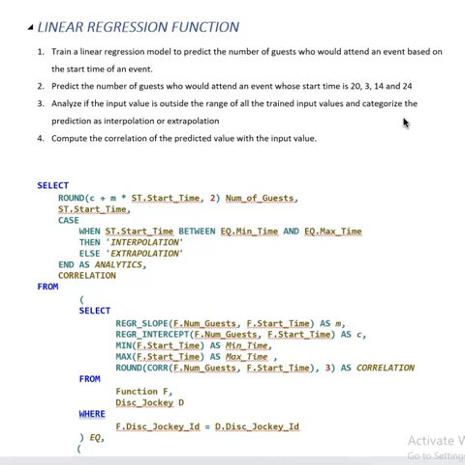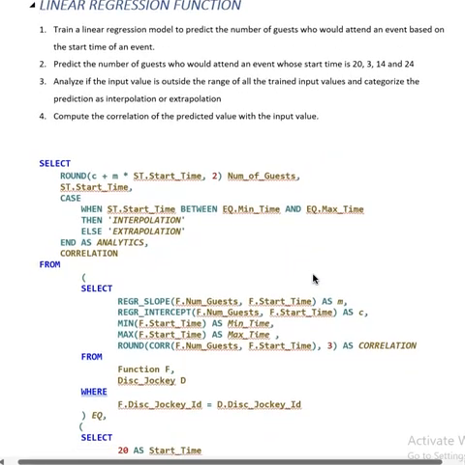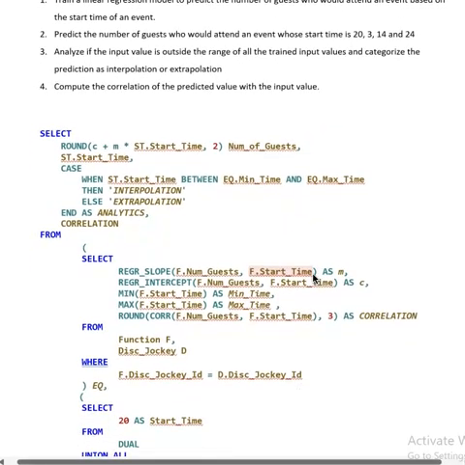So let's understand what a linear regression model is. In a linear regression model, we try to find the association of two different numerical entities. In this example, the two numerical variables are number of guests and the start time. Firstly, we'll use regression functions such as regression slope and intercept to find the slope and intercept of the equation.